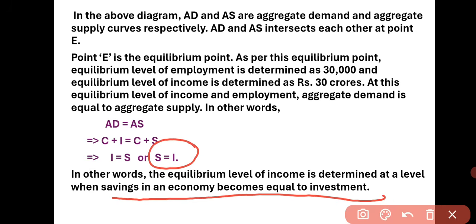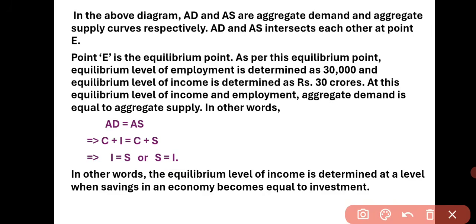The equilibrium level of income and employment can be attained at that point when savings in the economy become equal to investment, or S is equal to I. Remember this. So, in brief we have discussed how the income and employment level can be determined in an economy through Keynes' simple theory.